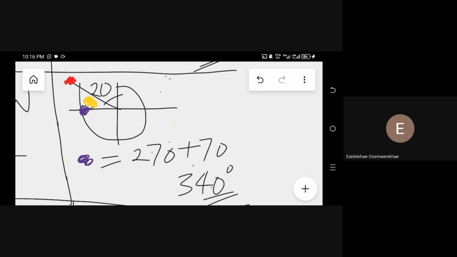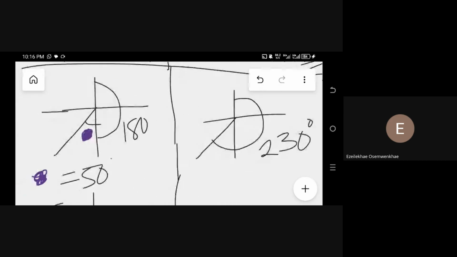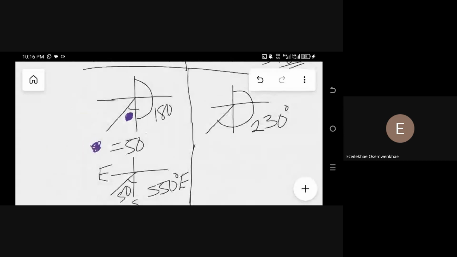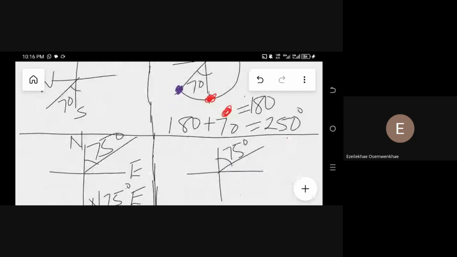Then that small line marked yellow, we said it would be 70 because that top is 20, so we're supposed to have a complete 90. The yellow is 70. So the full line there is the purple, which is 270, plus that extra yellow, which is 70, gave us 340.